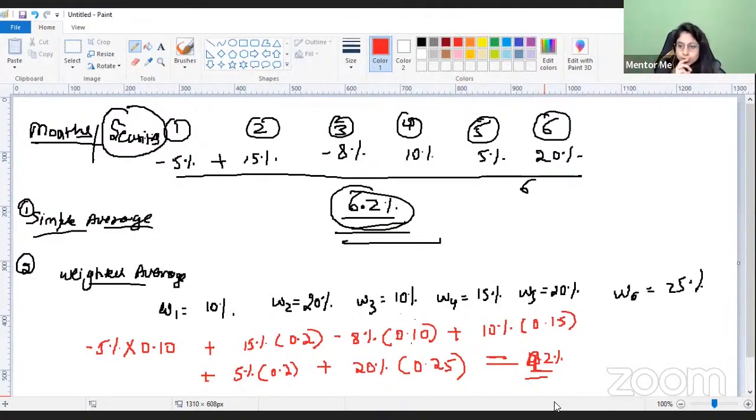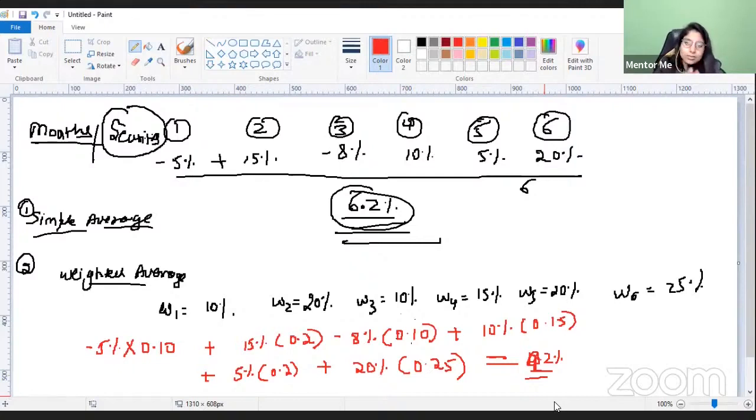If we invest equally into all the securities, the average return is going to be 6.2. But if we invest differently into different securities based upon the conviction that we are having on them, and are able to get more profits on the bigger investments and suffer losses on the smaller investments, that is position sizing that we call in technical terminology. If you are able to do that well, then we will be able to get better returns than simply investing equally into all the securities, right?